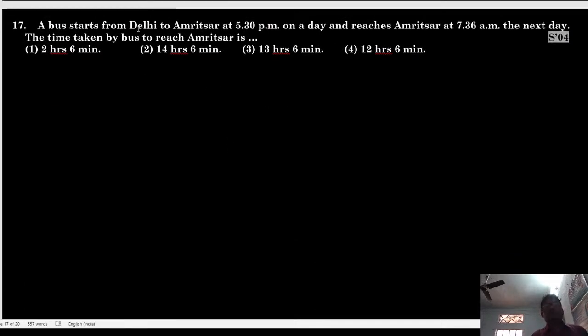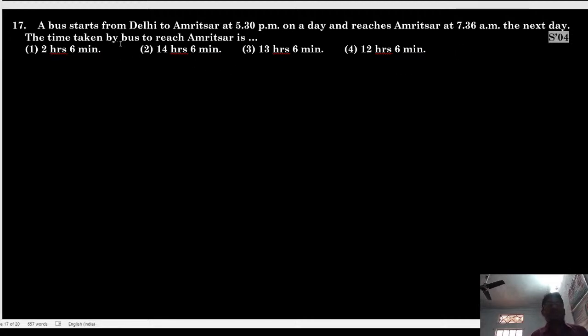17. A bus starts from Delhi to Amritsar at 5:30 p.m. on a day and reaches Amritsar at 36 minutes past 7 a.m. the next day.